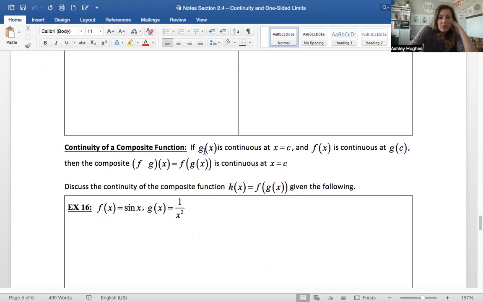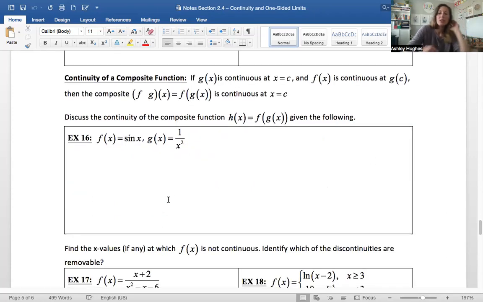Continuity of a composition function basically says if g is continuous at c and f is continuous at g of c, then it works out. So let's demo this. If I plug in f of g of x, I'm taking g of x and substituting it in for x. So sine of 1 over x squared. Sine is continuous for all values.